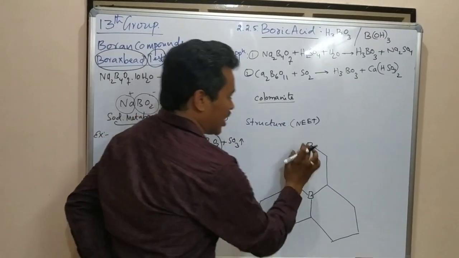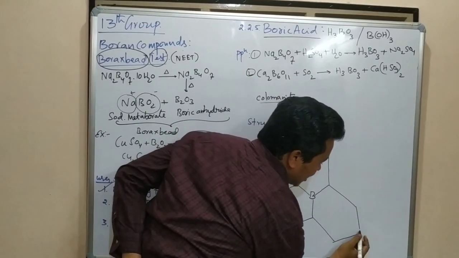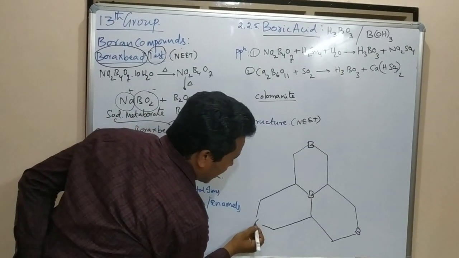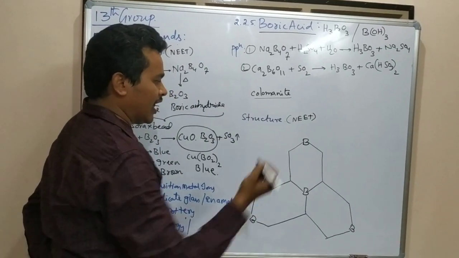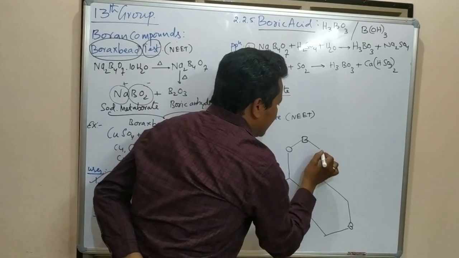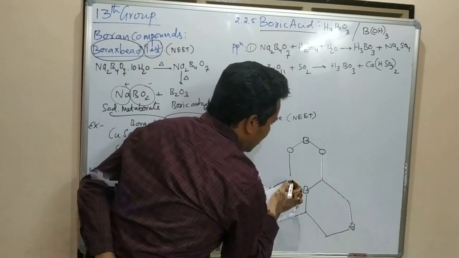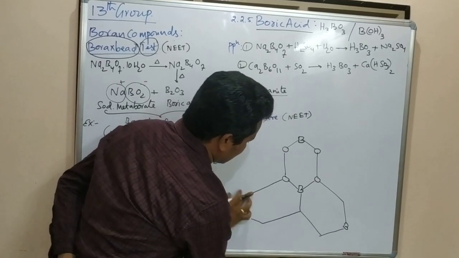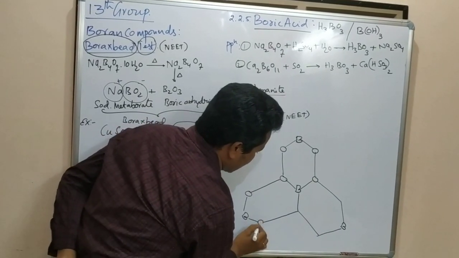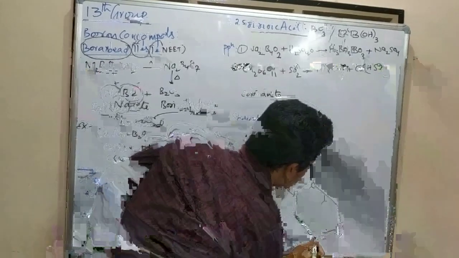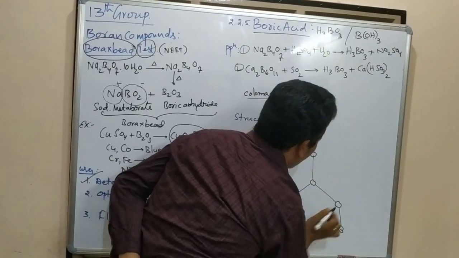Observe, here boron, here one boron, here also one boron, here one boron and here another boron. After that, I am going to write oxygen at each of the remaining positions.